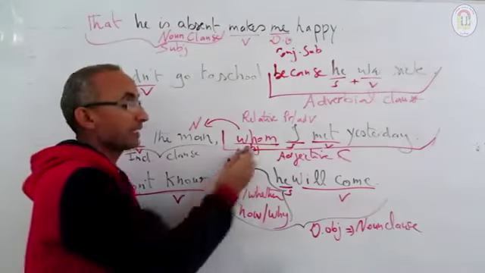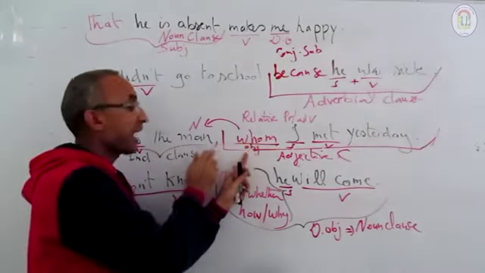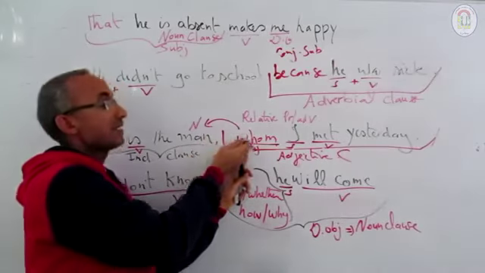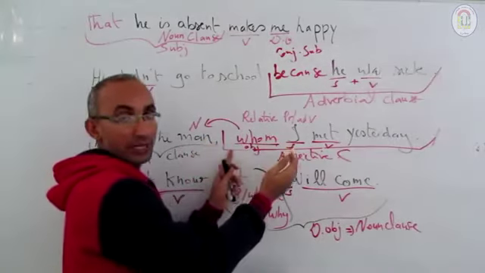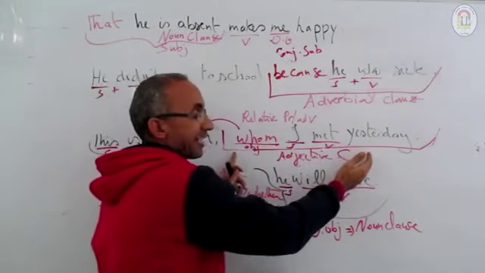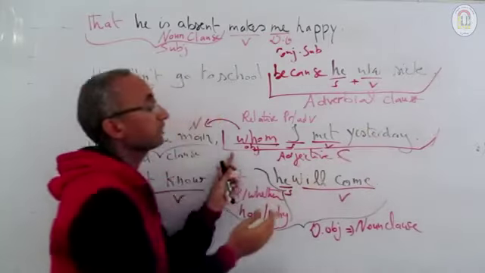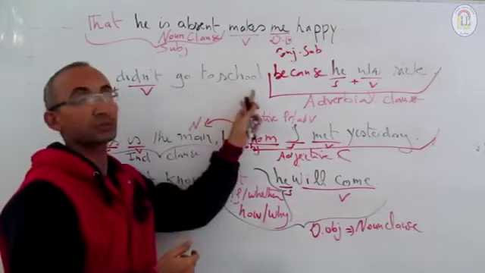So, as you see here, when is preceded or comes after a noun of time. Clear? Noun of time. Here it is a relative adverb. And it forms to me what? An adjective clause. Clear?